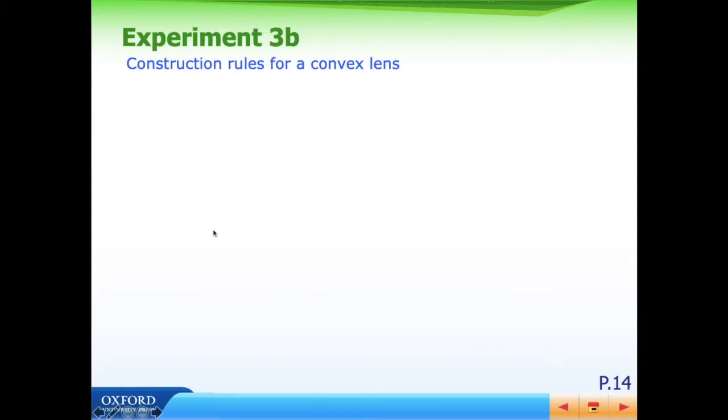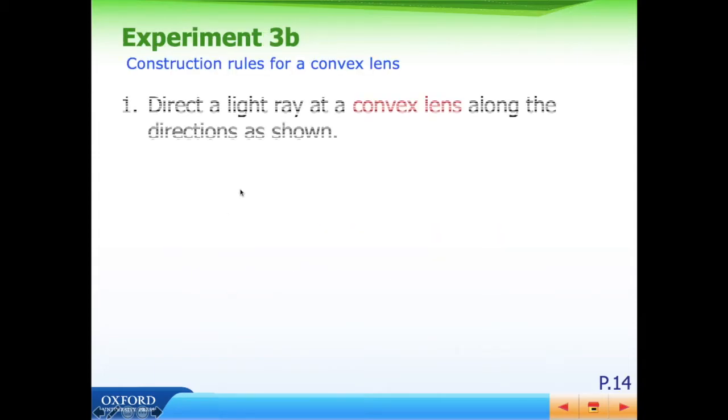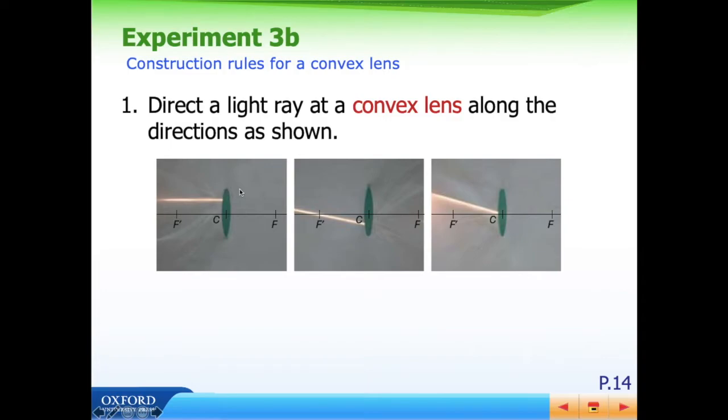Now this experimental setup, you can do within the laboratory. All you have to do is to secure a convex lens and also a ray box where you can illuminate your source of light. Now this is how we do it. First, you direct a light ray at a convex lens along the directions as shown.